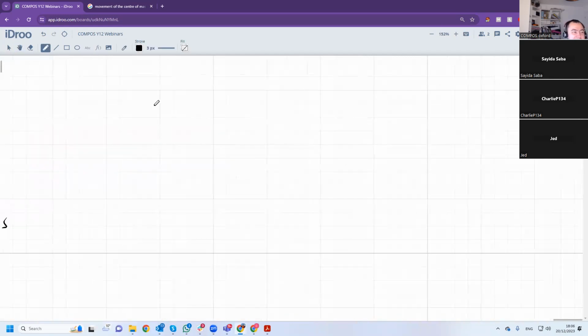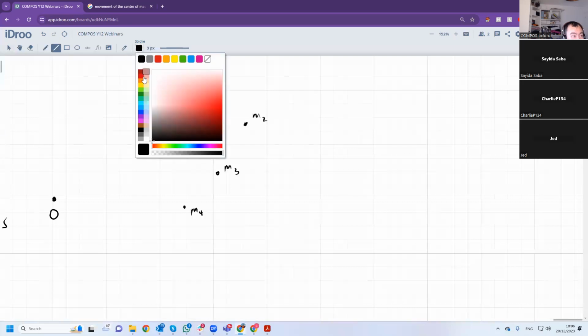Okay, so you have point objects with mass M1, M2, M3, and M4. You want to find the center of mass of the four. Let's say this is the origin. This is the point O.